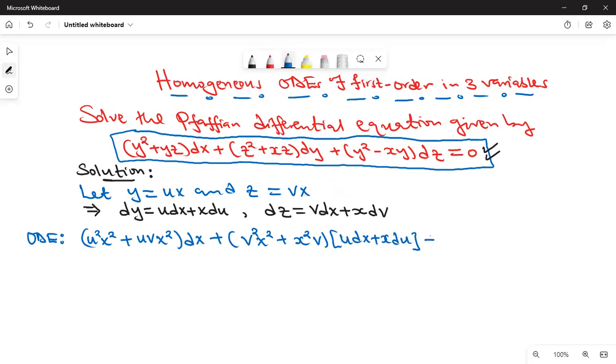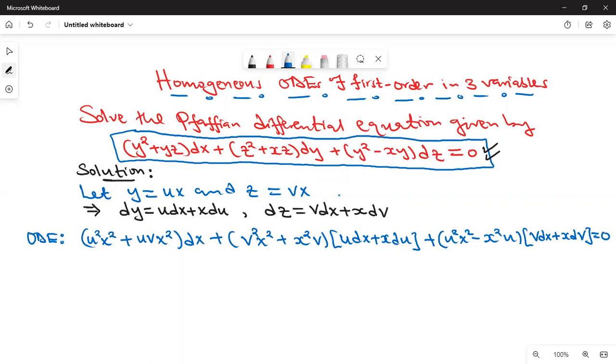The third term, we have y squared, which is u squared x squared, minus xy, that will give us x squared u, dz, we said that is v dx plus x dv. And this should give us 0.